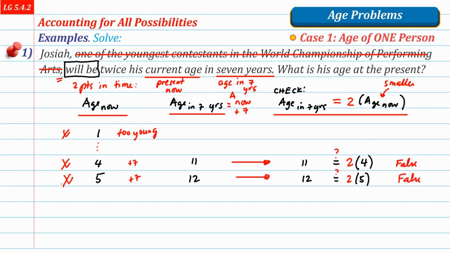Sir, mapapahaba yata tayo dito, ah. Okay. 6 plus 7, it's 13. Okay, so is 13 age in 7 years, is it equal to twice nung age now 6? Again, it's false.